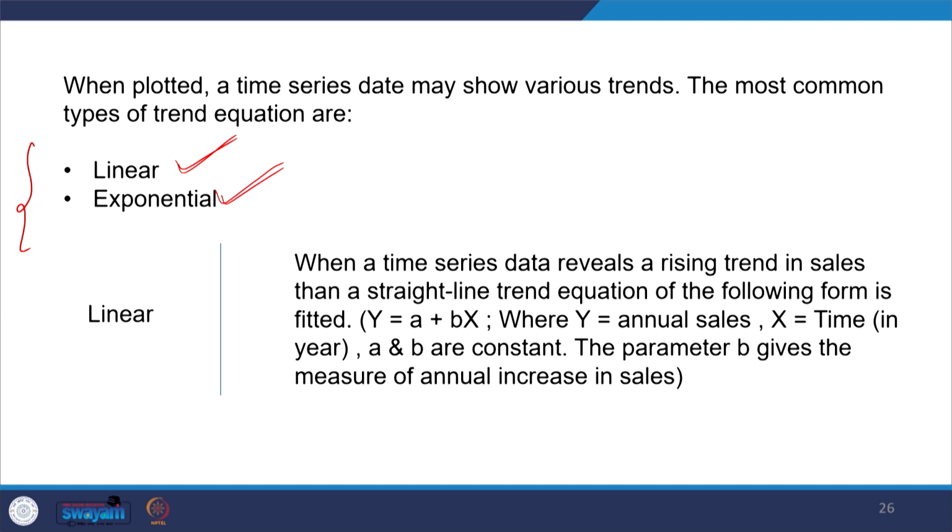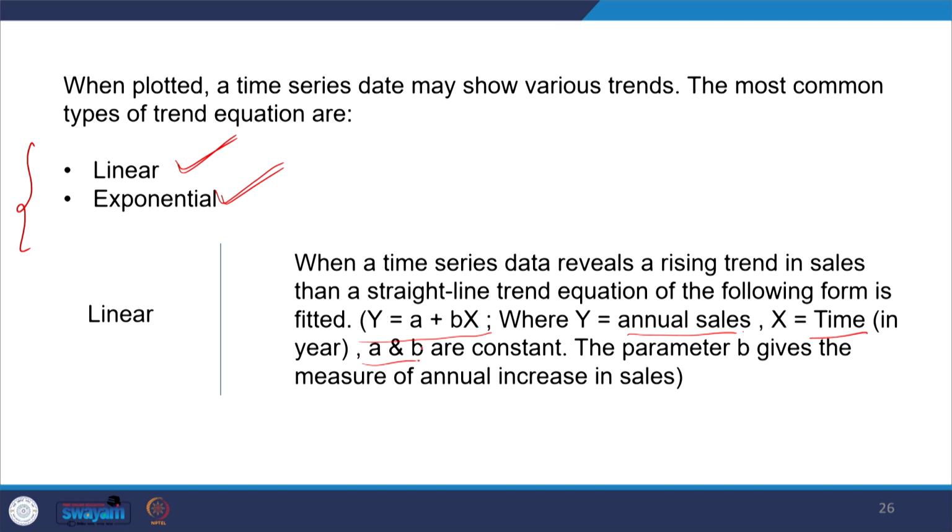Now, linear: when time series data reveals a rising trend in sales, the following form is fitted, the simple regression equation, where y, for example, is the annual sales and x is my time, in years. A and B are my constants.